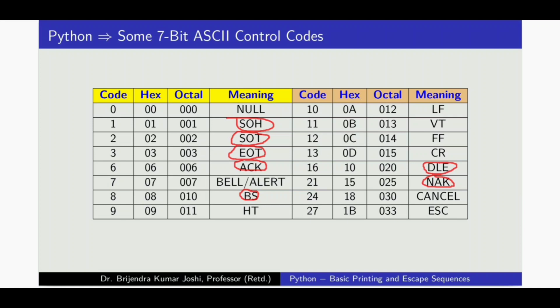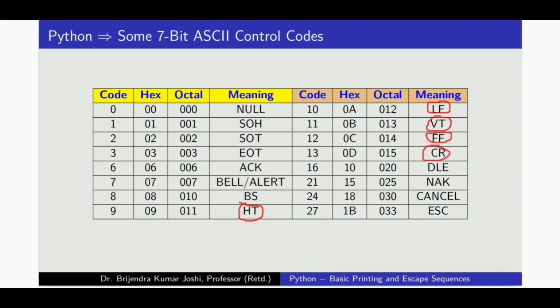What we are interested in are these codes: backspace, then horizontal tab, vertical tab. This is the line feed. Its effect is just like form feed, these two. And then the carriage return.